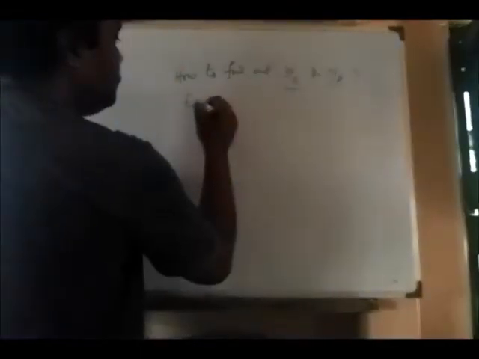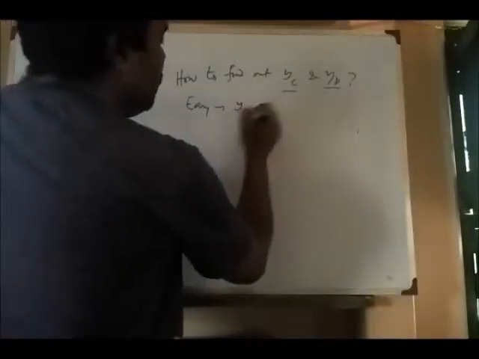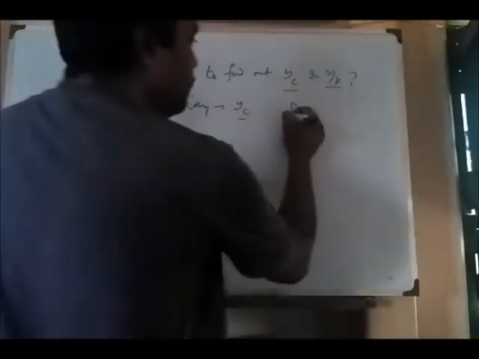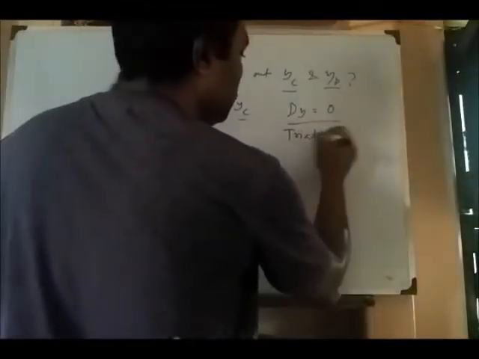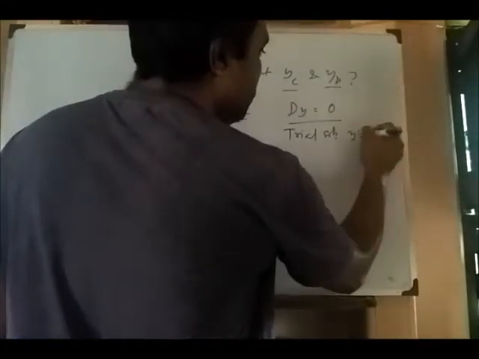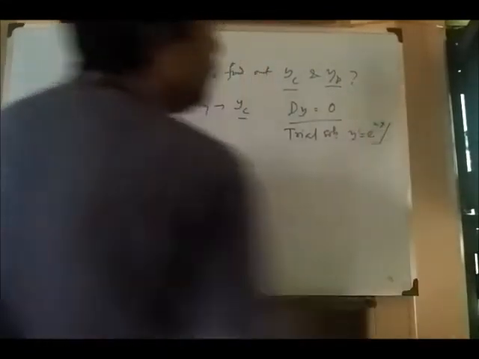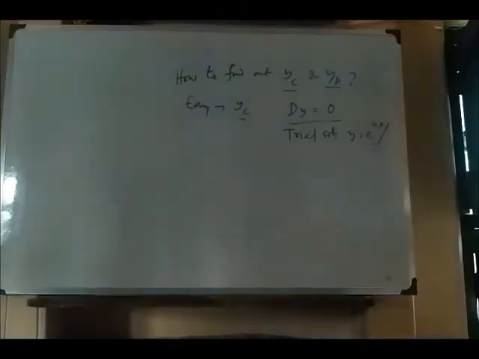Now it is very easy to find yc, because you are making the term dy equal to 0 and you have to choose a trial solution, y equal to e to the power mx or something, and you put it there, you get a second order linear equation.